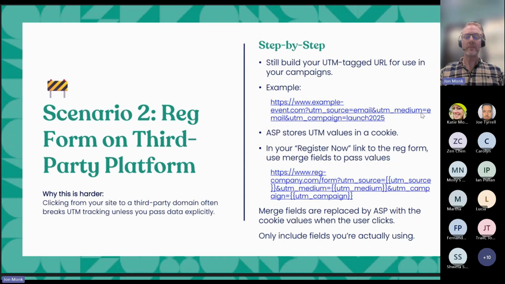So what I'm going to do here is firstly chat through what you can do on your website to make sure that the URL you've already built with the UTM builder, as that comes into your website, then when you click out to, say, the registration form, those parameters don't get lost.